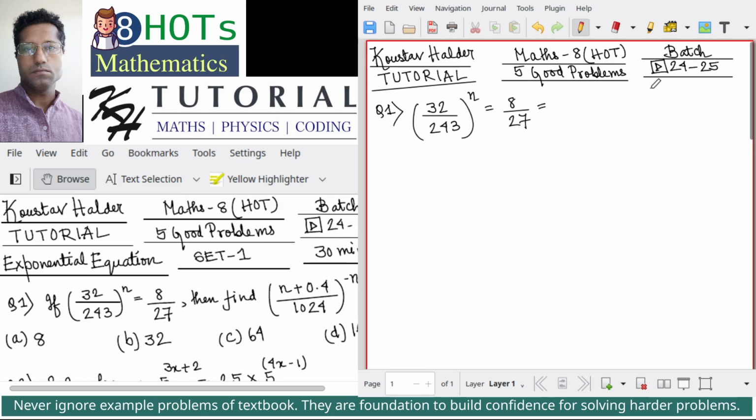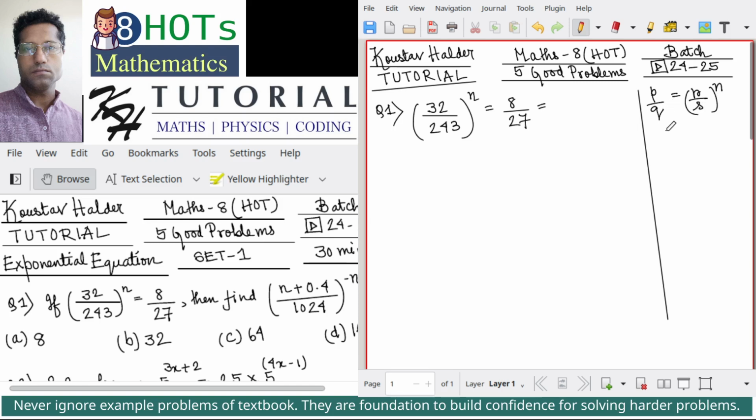Please note that whenever you have to convert any rational number, let's say p/q, into the form of an exponent, let's say (r/s) to some power n, where p/q is a rational number and we want to convert it to an exponential form, n could be an integer, or it could also be a rational number, and r/s is a rational number.